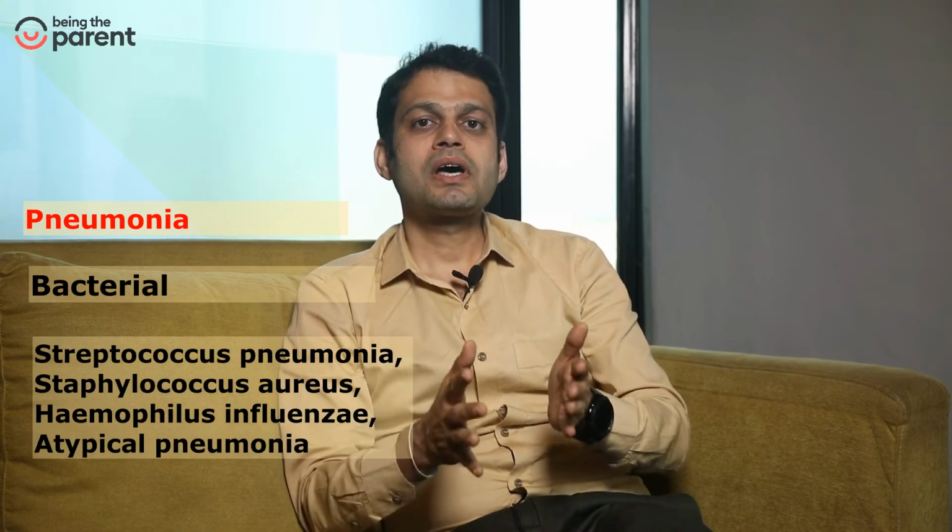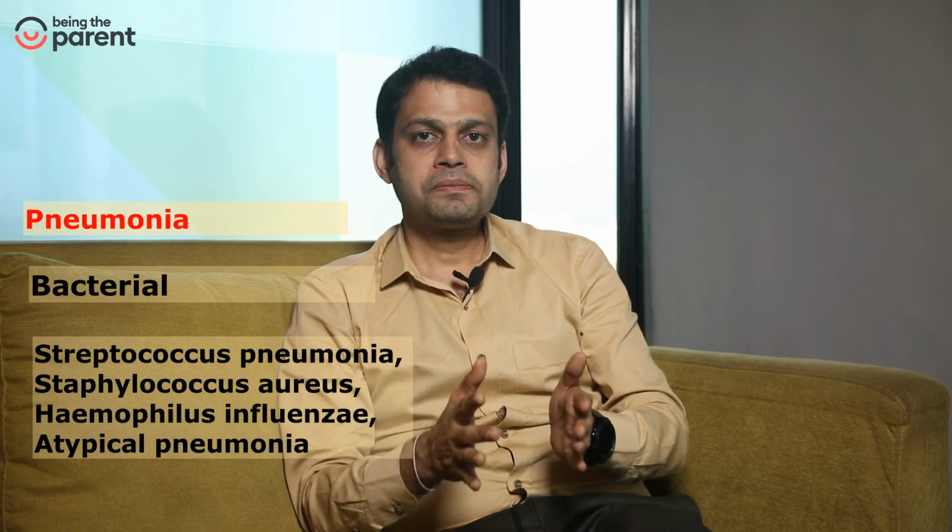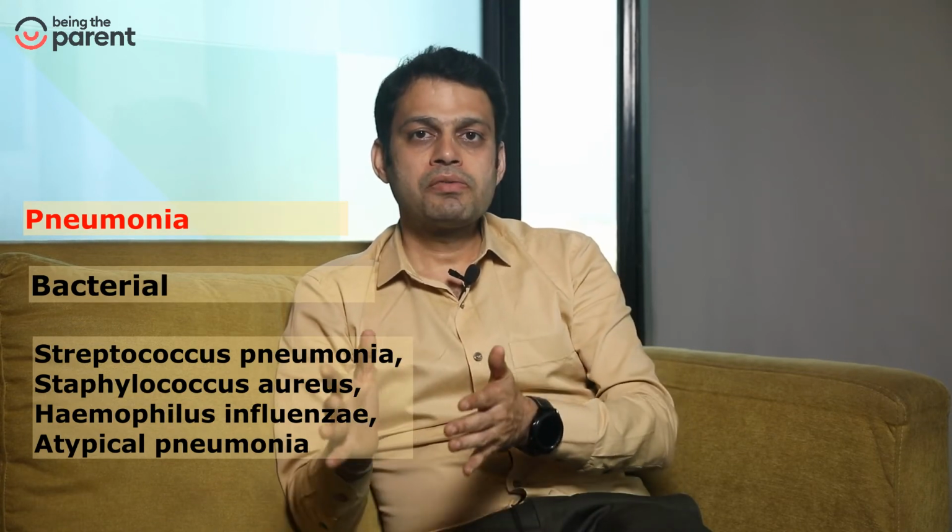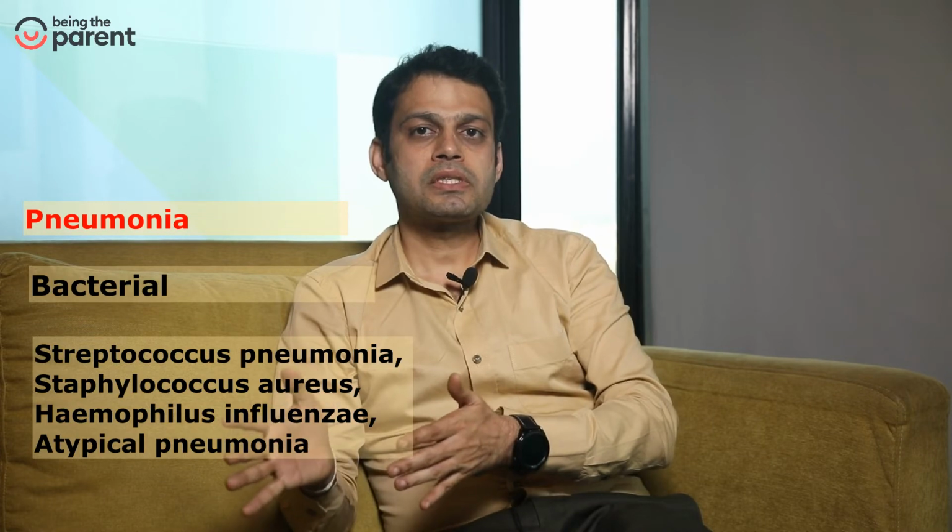Among viral infections, the commonest can be influenza, parainfluenza, RSV infection, rhinoviral infection and other viral infections. But when we consider bacterial pneumonia, the commonest are Streptococcus pneumoniae, Staphylococcus aureus, Haemophilus influenzae or non-typable Haemophilus influenzae, atypical mycobacteria, and so on. So the commonest are viral and bacterial, and that is what we find in our day-to-day life.